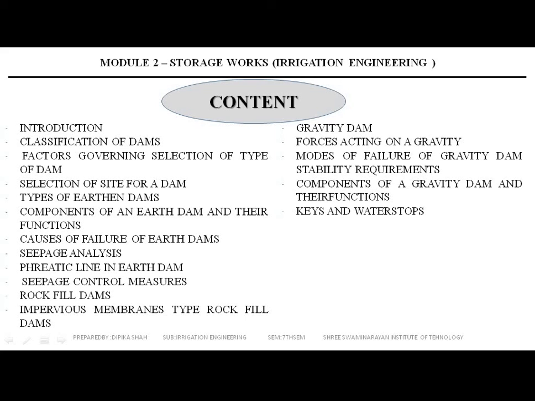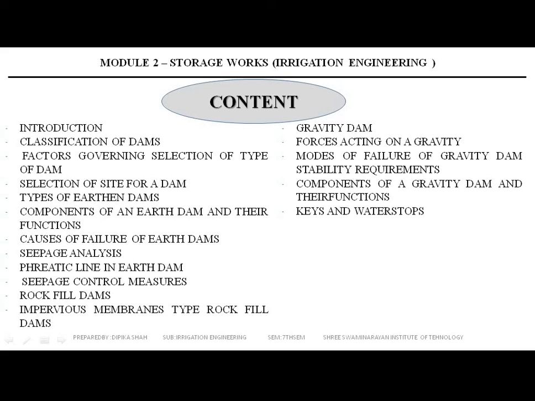So these all are embankment seepage control. And foundation seepage control measures are impervious cutoff, upstream impervious blanket, downstream seepage berms, drainage trenches, and relief wells. So these all are the seepage control measures.